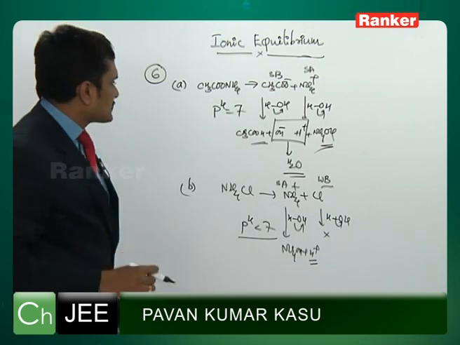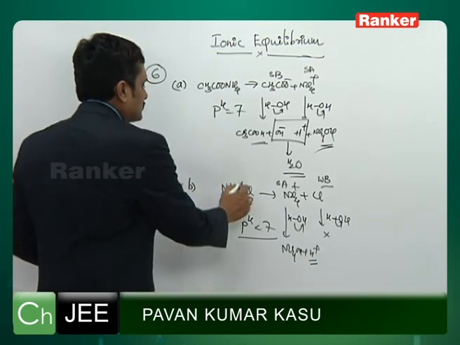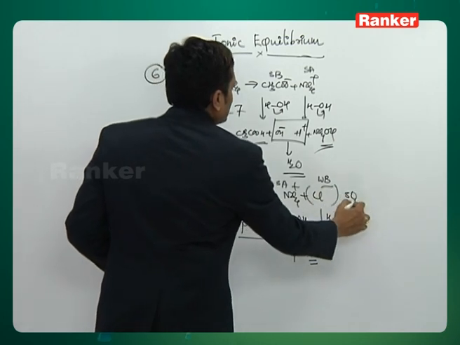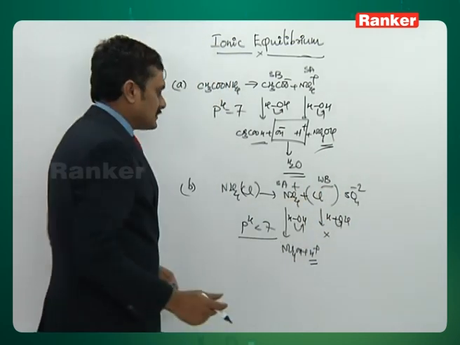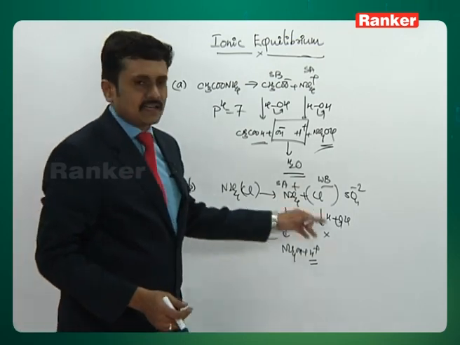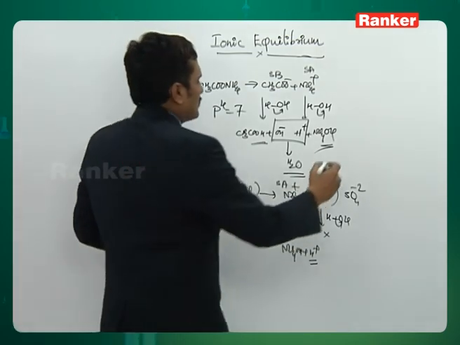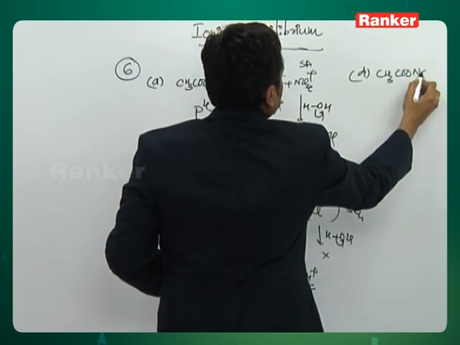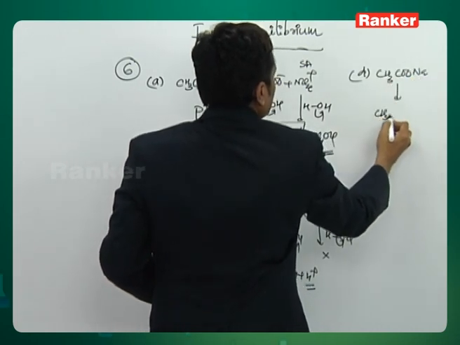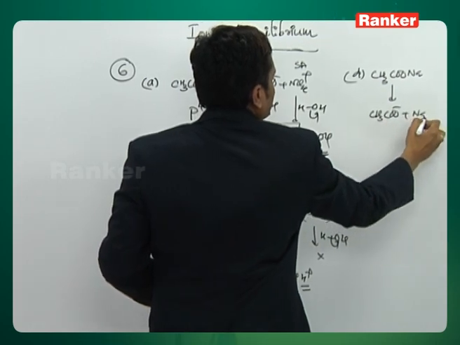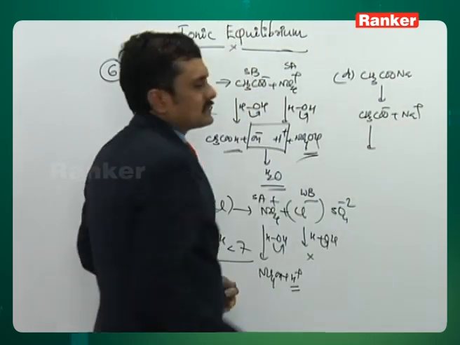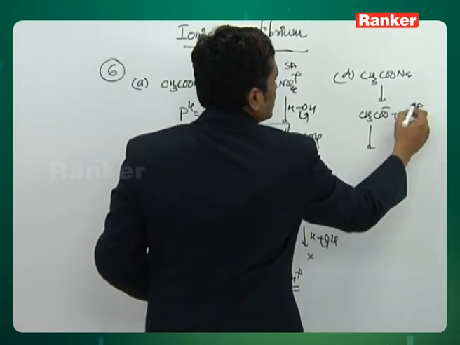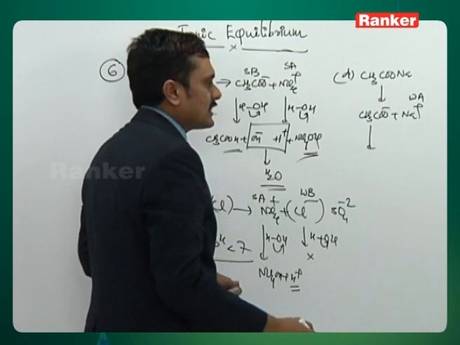Now you have the third option, it is something like this only, except that here instead of the chloride ions, the sulfate ions are present, which are going to resemble the chloride ion in properties. Now we have the last option, that is option D, sodium acetate. It's going to dissociate into CH3COO minus when sufficient water is added. And we know that this Na plus is the conjugate acid of sodium hydroxide, which is a strong base, hence this is a weak acid, not going to react with water.